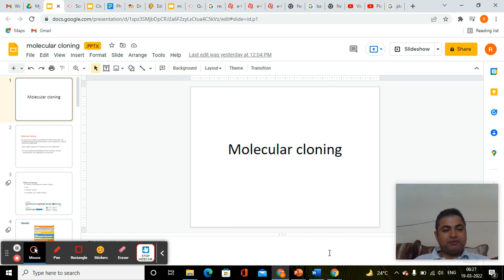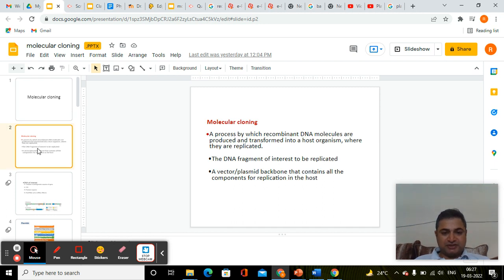But before we come to these vectors and the gene fragment or gene of interest which you want to clone, let's understand the definition of molecular cloning. It's a process by which recombinant DNA molecules are produced and transformed into a host organism where they are replicated.